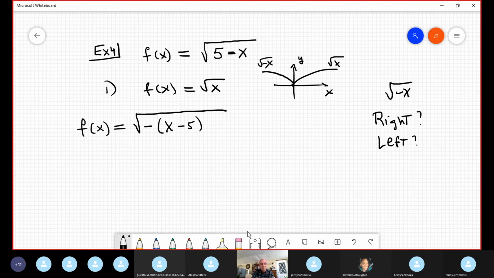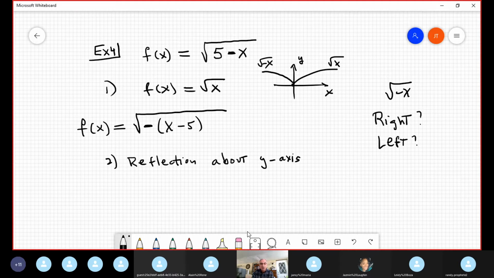Now I suppose the transformation is a little bit more clear. According to the order of operations, this minus represents reflection. Number one, reflection about the y axis, because it's negative.